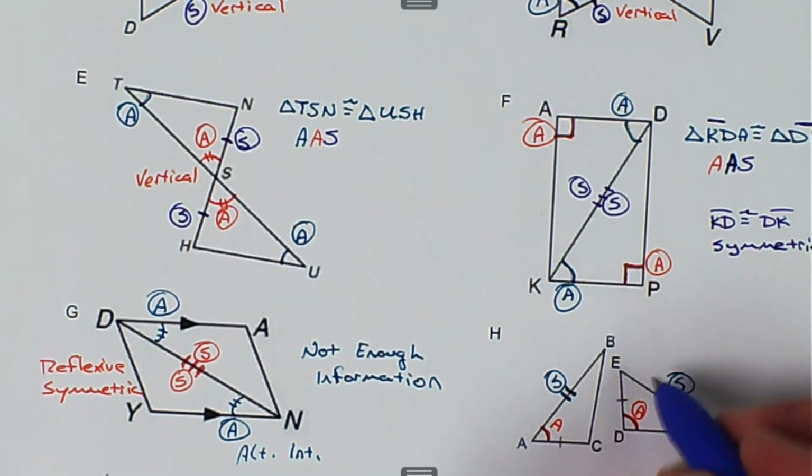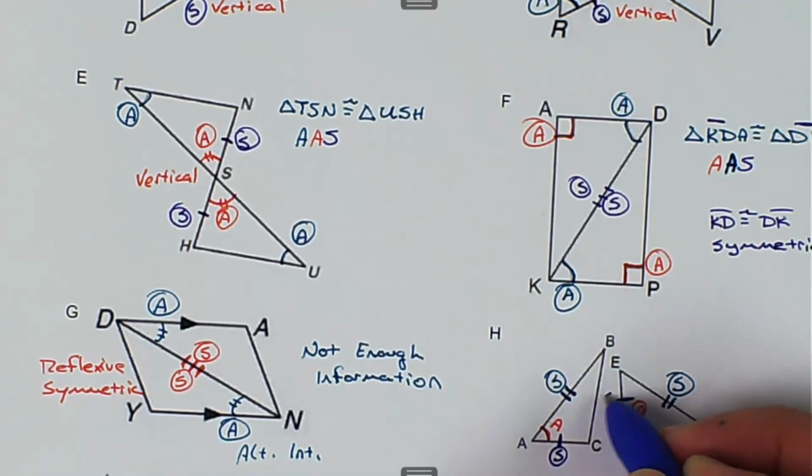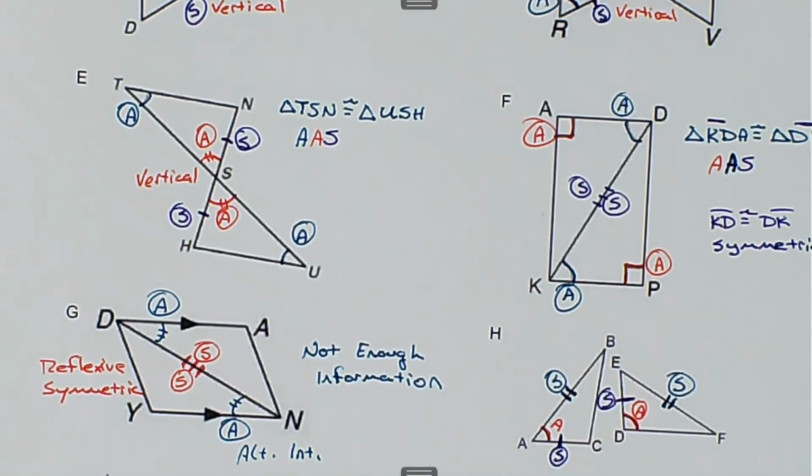And then we have this side and this side. So it looks like we might have enough information, but let's actually write it down and see. So we have blue S, red A, and then green S. So that was this triangle right here.